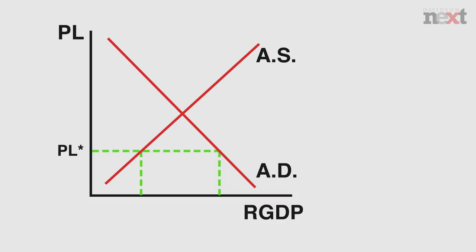So aggregate supply is less than aggregate demand means that households, businesses, government want to purchase more goods and services than businesses are providing. And businesses now are experiencing an unintended decrease in their inventories. Their inventories are getting very low. And because their inventories are getting very low, there's upward pressure on prices. So the price level is going to start rising.